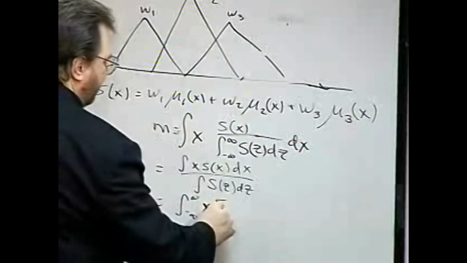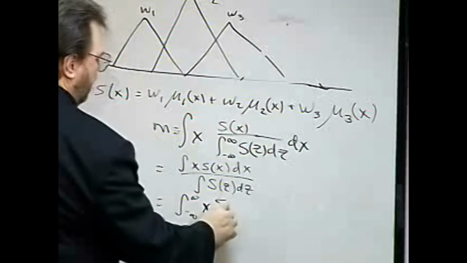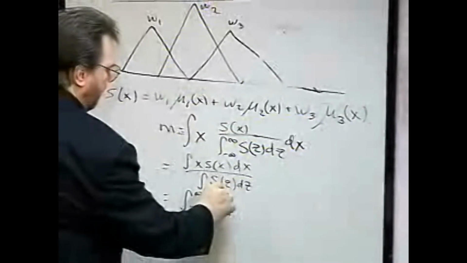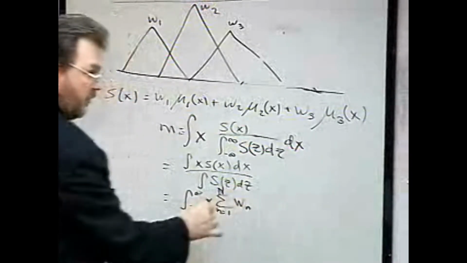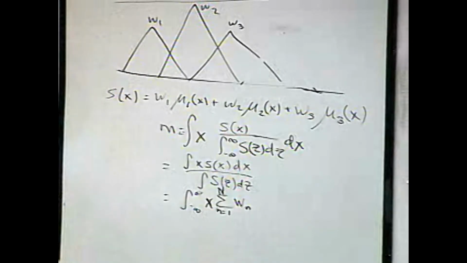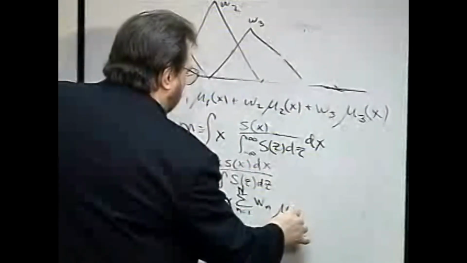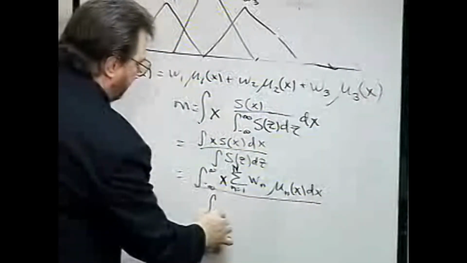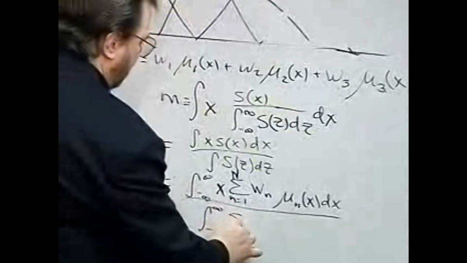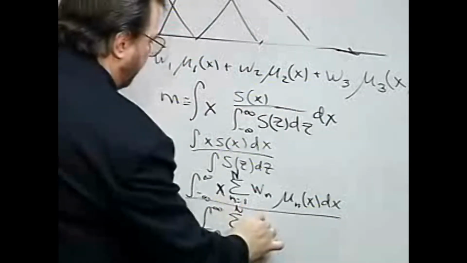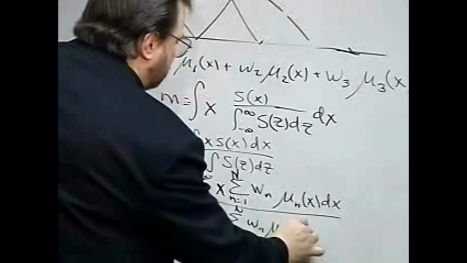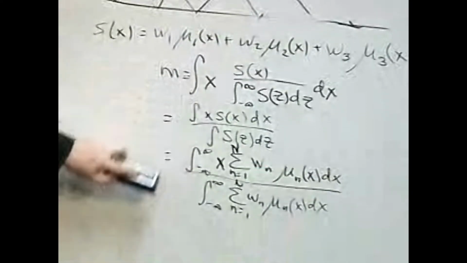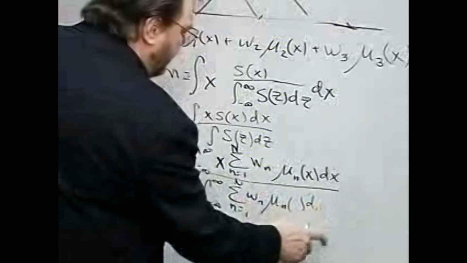So S of x is going to be the summation of, say, n is equal to 1 to the number of values, let's call it capital N, of the weight of that value computed through the evaluation of the fuzzy regression machine times the corresponding membership function, dx, divided by the integral of the summation of n is equal to 1 to N of w sub n times mu sub n of x dx. Okay? So I'm simply making substitutions here and here. I guess this should be z's, but it really doesn't matter since they're dummy variables anyway.